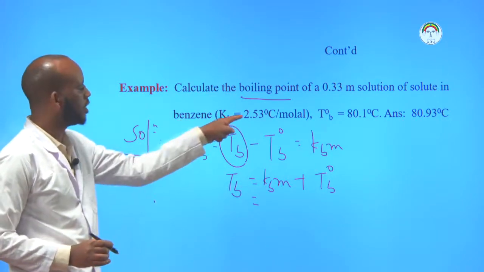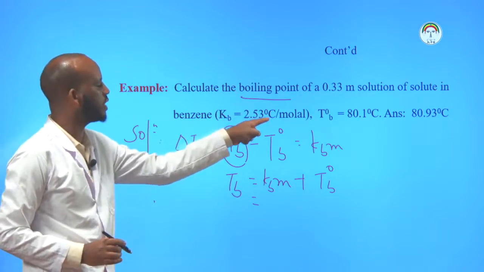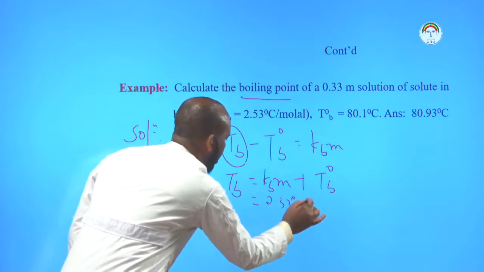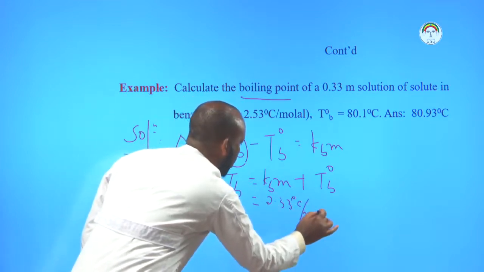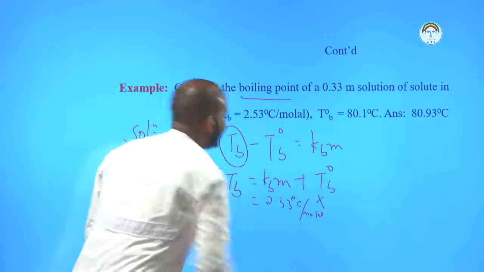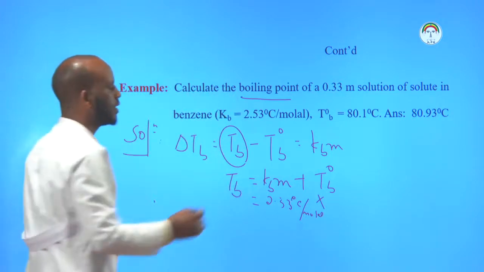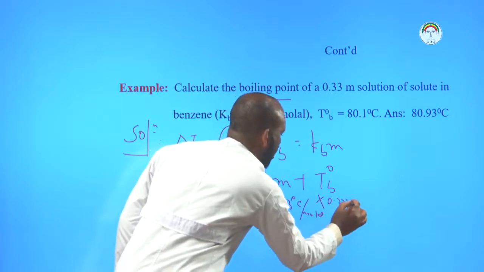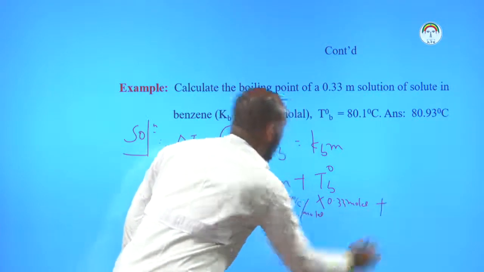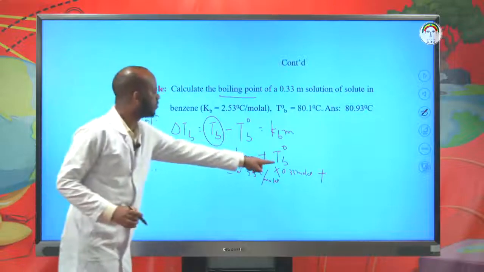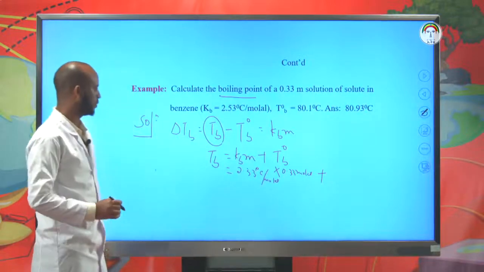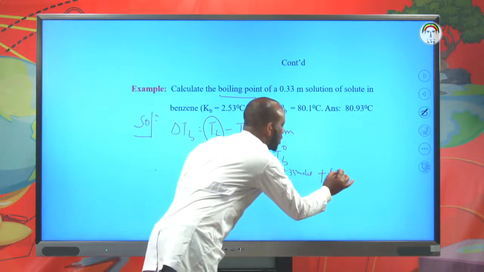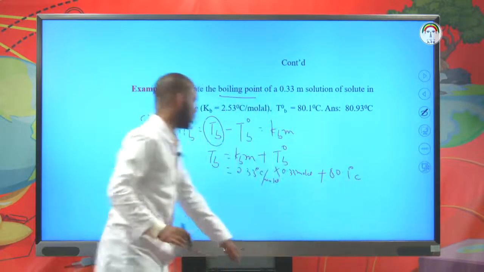Kb of benzene is 2.53 degrees centigrade per molar, times molality of the solution, which is 0.33 molar, plus boiling point of pure solvent, which is 18.1 degrees centigrade.